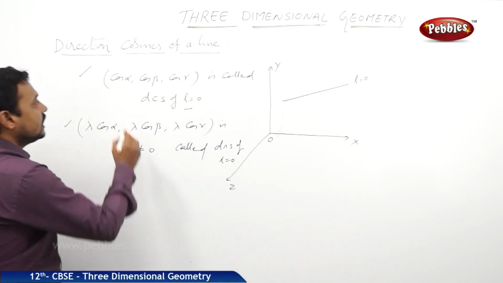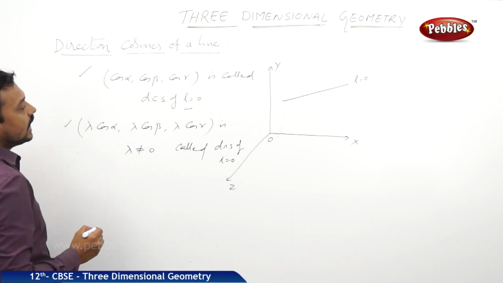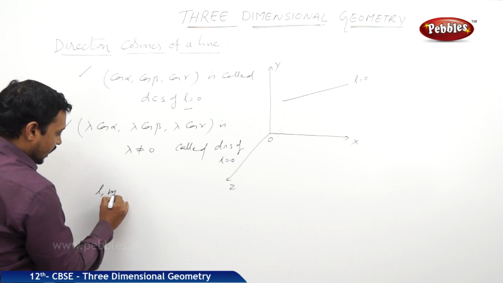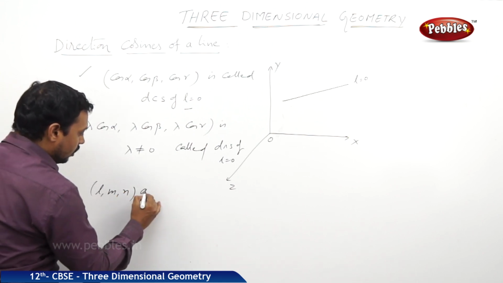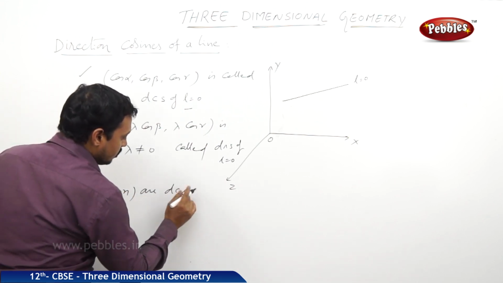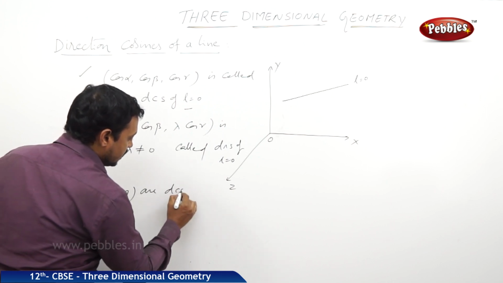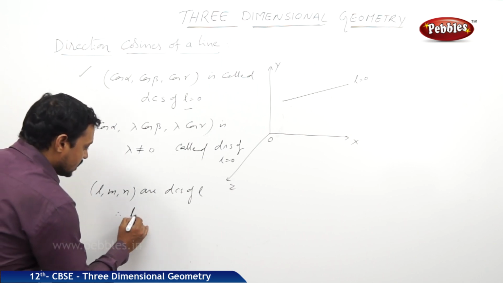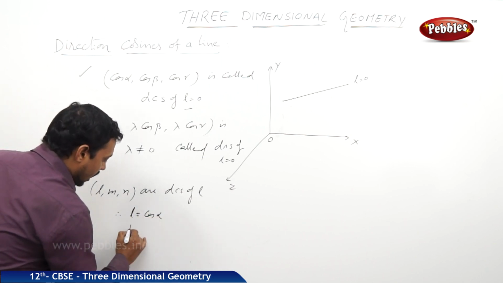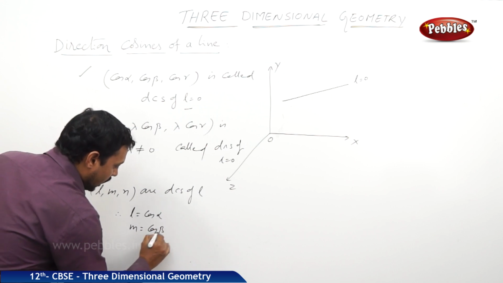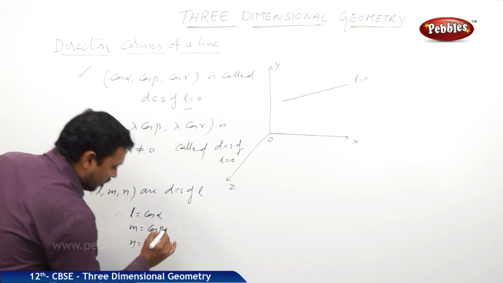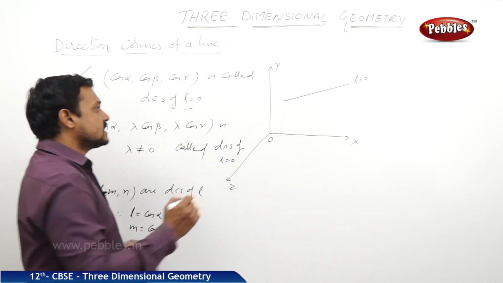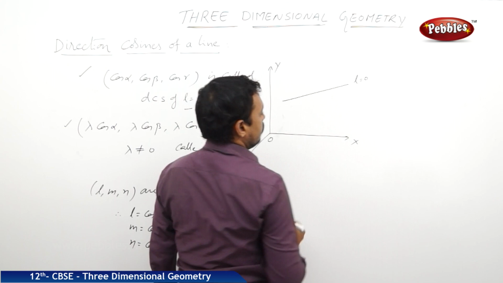Now, generally the direction cosines of a line are denoted by l, m, n, the DCs of a line L. Therefore, l is equal to cos alpha, m is equal to cos beta and n is equal to cos gamma. Now, suppose I consider the line L equal to 0 like this.